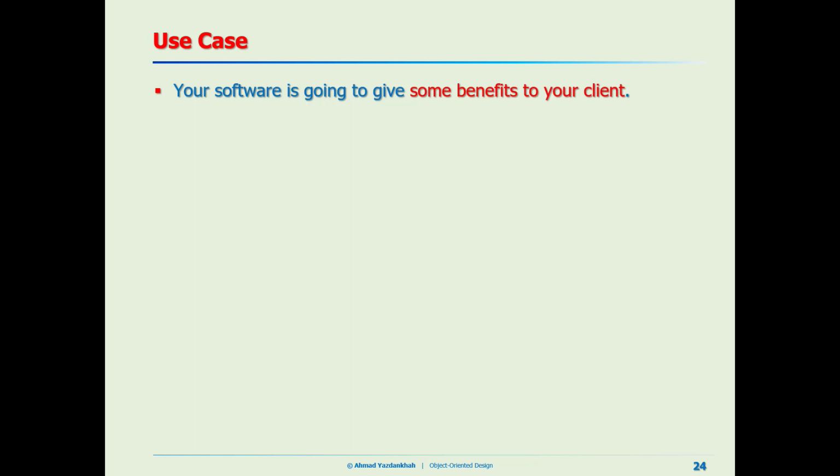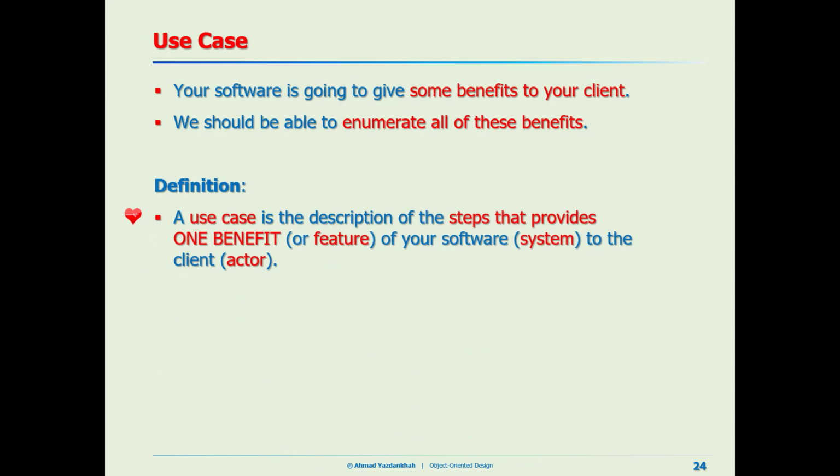For example, my software is going to give you this benefit, this benefit, this benefit. So, a list of all of the benefits that your software is going to give the client. Okay, and use case is a description of one of them. So every one of those benefits or features is called a use case.